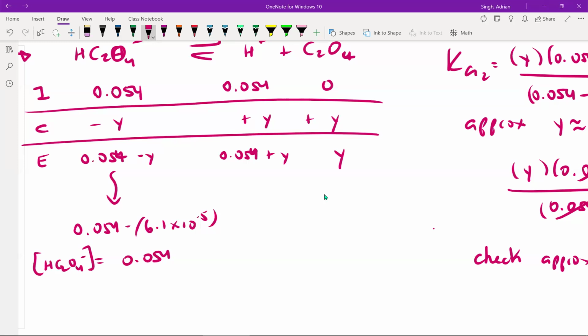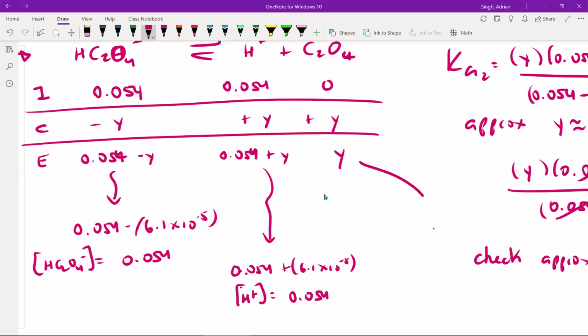The concentration of the H plus would be equal to 0.054 plus 6.1 times 10 to the minus 5, which within rounding is going to be the same. So the concentration of the H plus is 0.054 molar. The concentration of the C2O4 2 minus is simply equal to Y, which is 6.1 times 10 to the minus 5 molar. These are all molar concentrations, by the way.